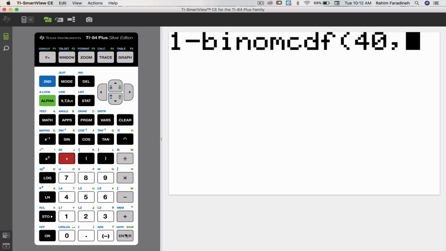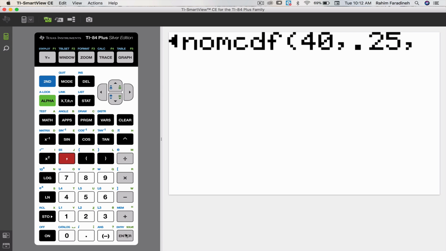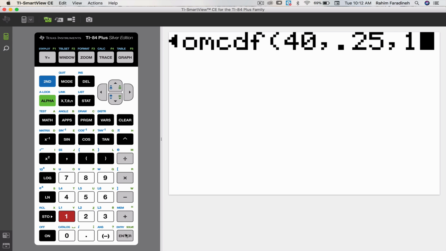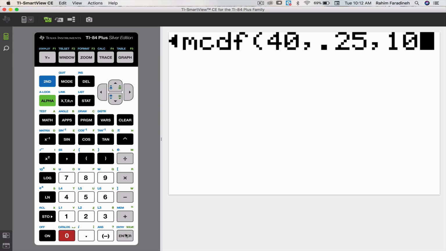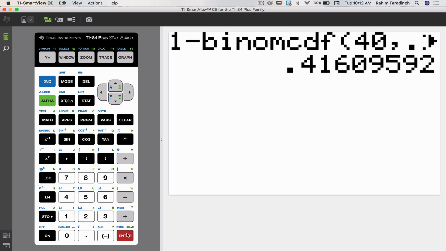My p is equal to 0.25, comma, and comma is directly above 7, and my x is equal to 10. I'm going to close these parentheses, and I'm going to execute this by pressing enter. So the answer for that is 0.4161.